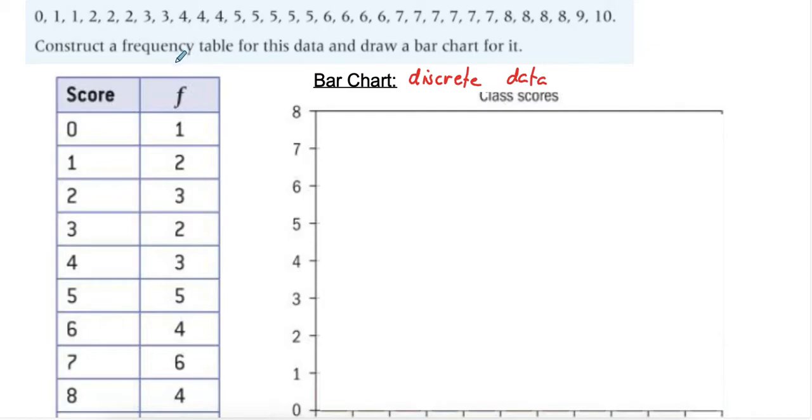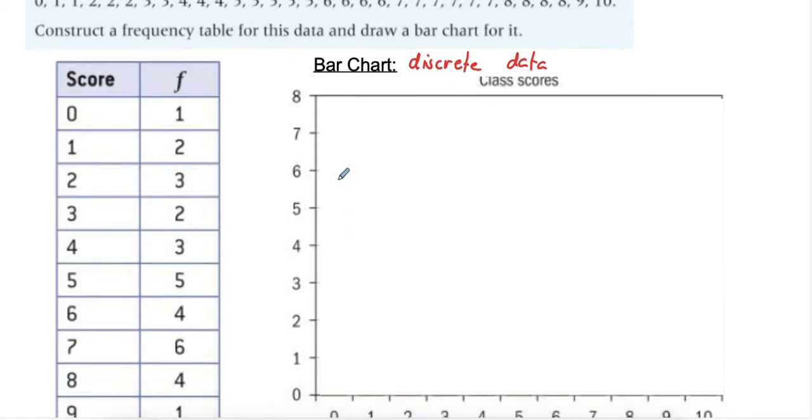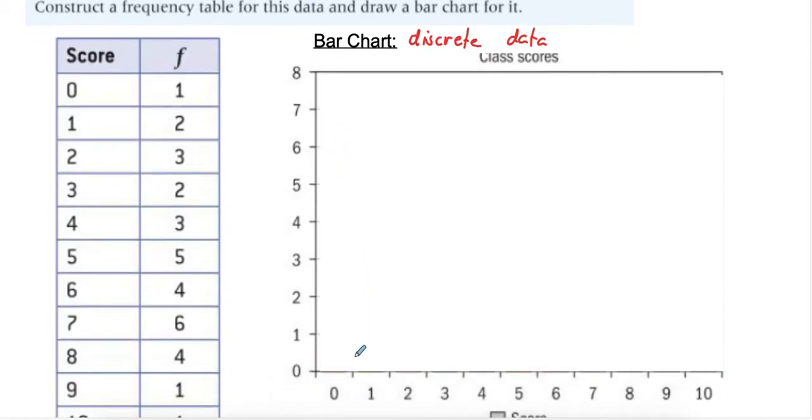So you can only have 0 or 1 or 2. You can't have 1.5 or 1.25 or 1.1316. It's discrete data. Okay. Now, because it's discrete data, you're going to have gaps between the bars.